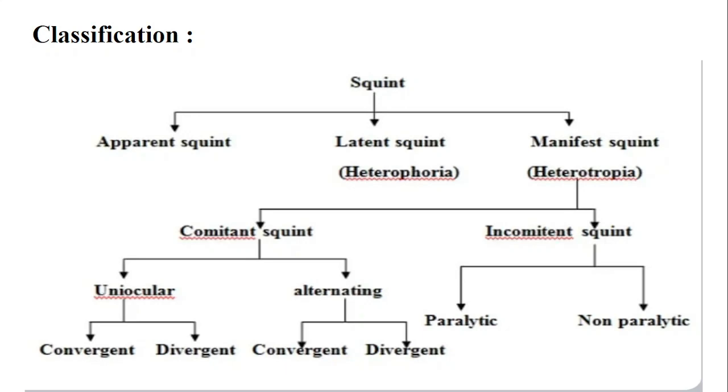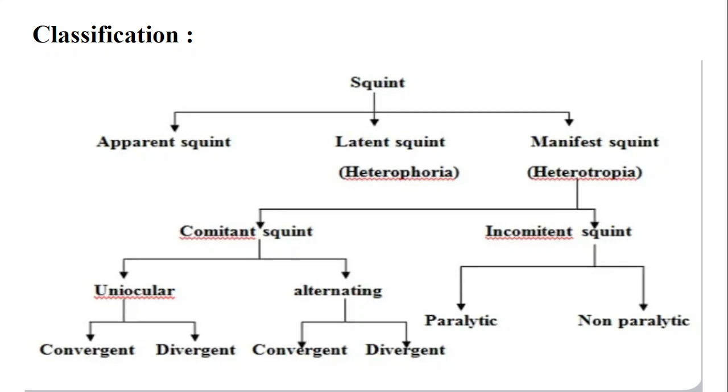Classification of squint. Squint, also known as strabismus, is a condition in which the eyes do not align properly. There are several types of squint based on their appearance or onset. Number 1. First appearance squint.